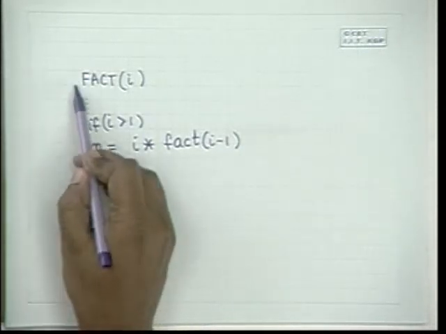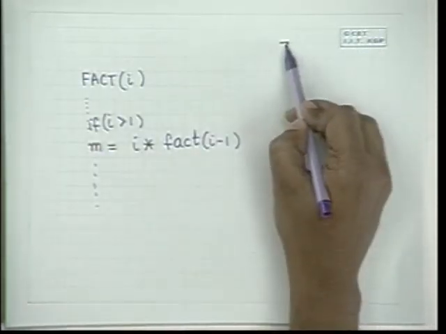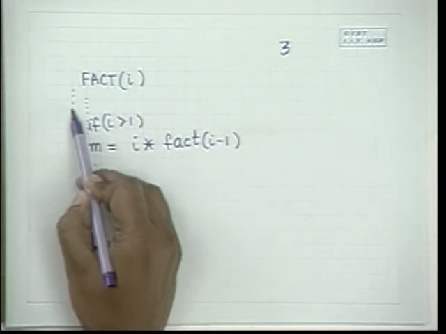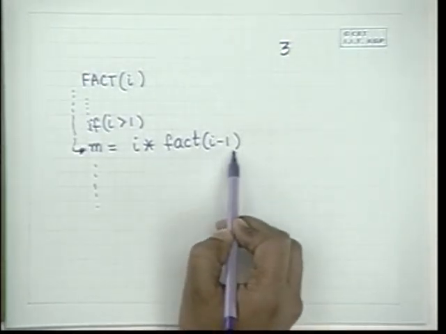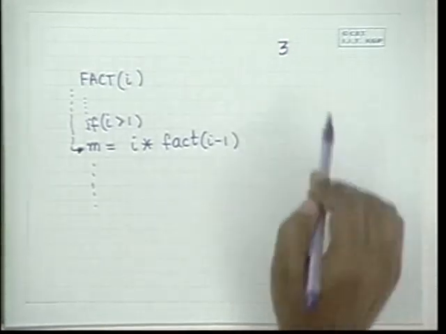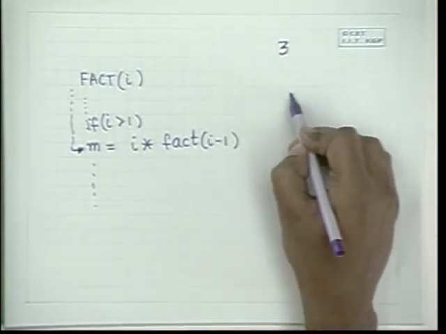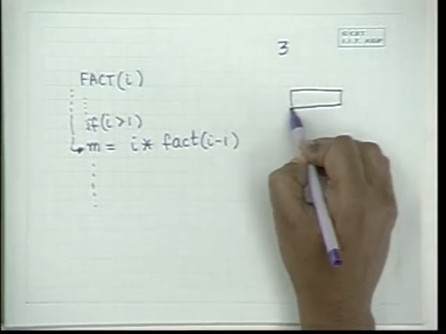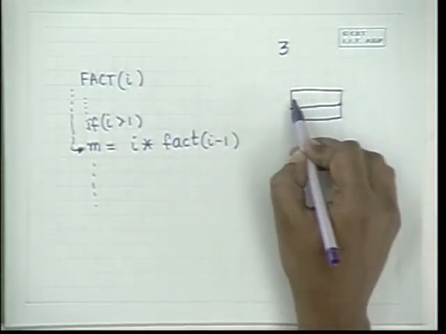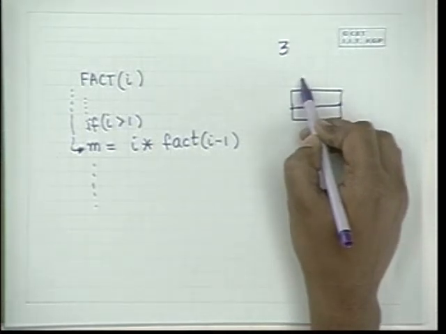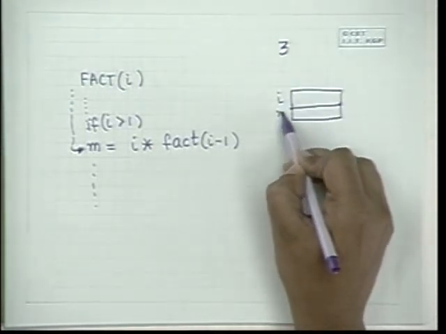So whenever this starts executing, say as we said with 3, at this point of time it makes a call to another function. So now we will understand it in a slightly smaller schematic. There is one variable I, and another variable m. So there are two variables in the data segment of fact, I and m.